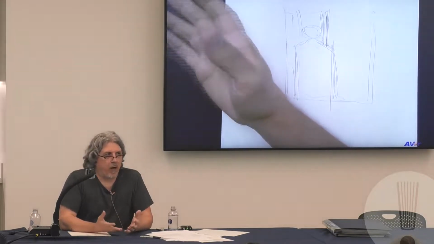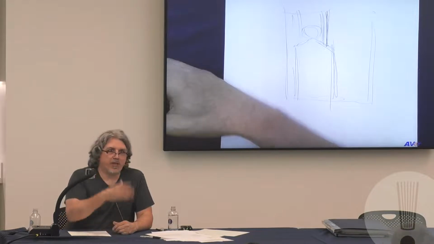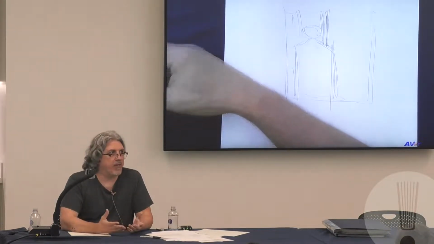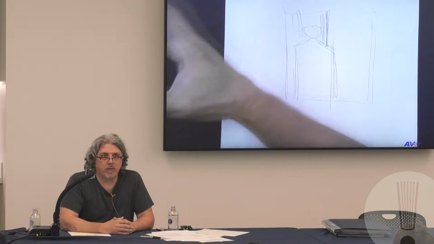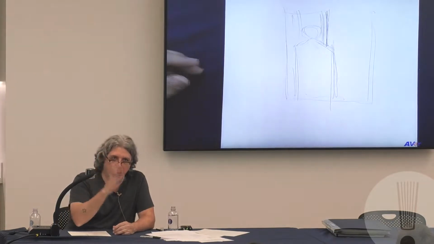Just be aware of it. If you see someone and the shadow hits them a certain way and you think that's a cool way, don't stare like you're a creeper or anything, but be aware of it and look at it and think, I'm going to use that later.